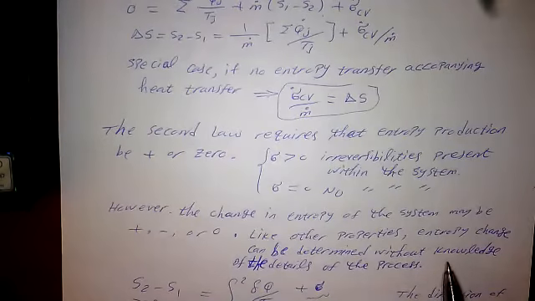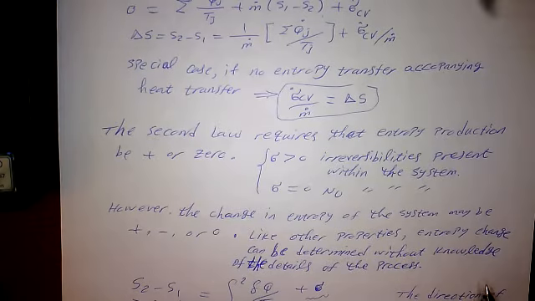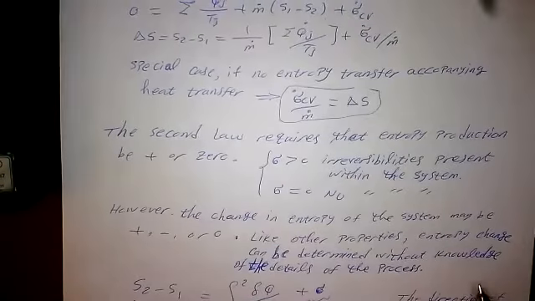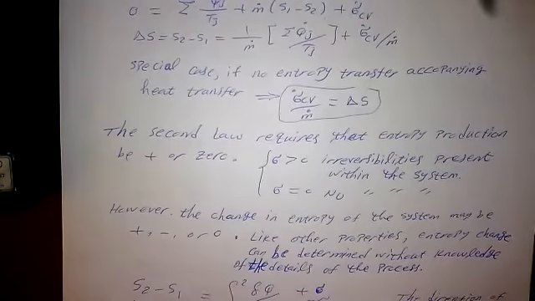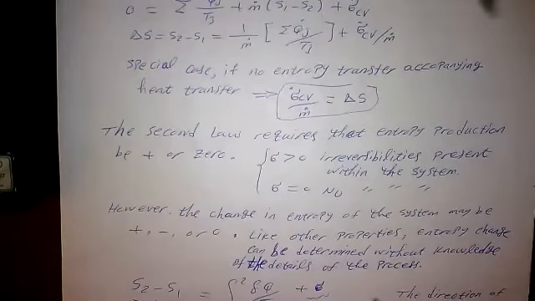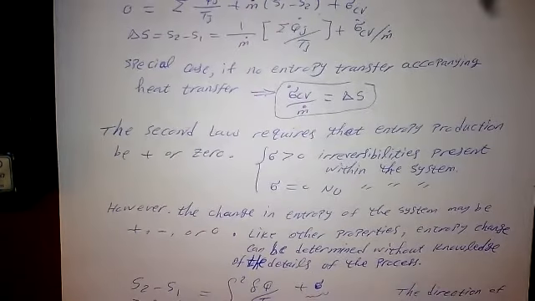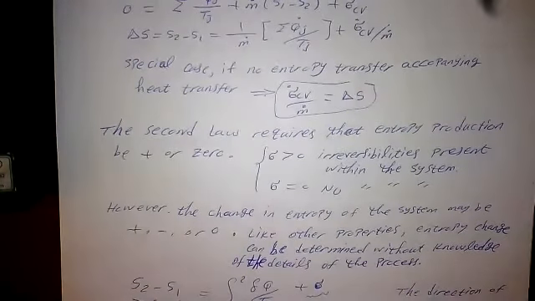Like other properties, such as enthalpy, specific volume, and internal energy, entropy change can be determined without knowledge of the details of the process, okay? We can use the ideal gas law if we have air or a gas, which we consider to be an ideal gas.